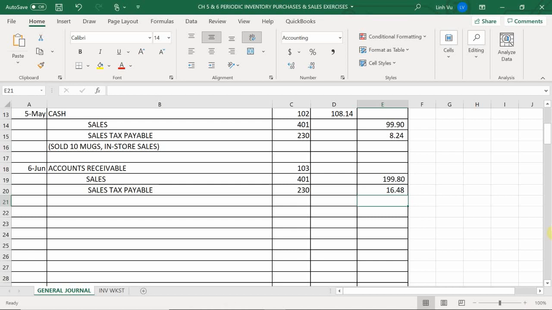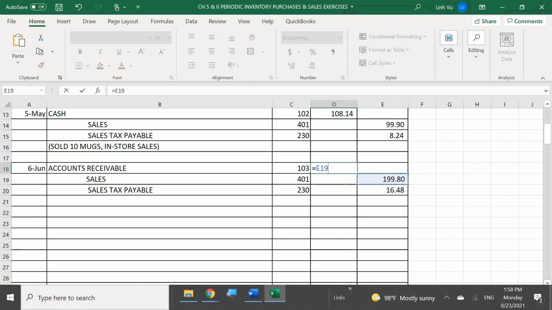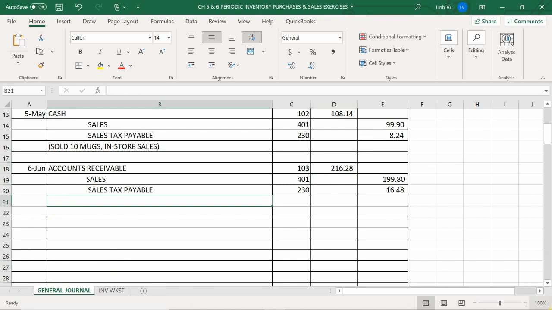So therefore, how much does customer A owe us in grand total? 216.28. Good. And last but not least, what's my note here?